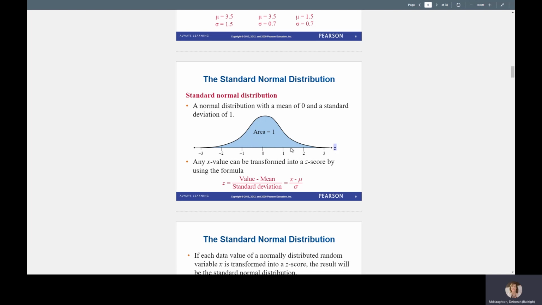If our X value was 1 standard deviation above the mean, the Z-score would be 1. So when we use the standard normal distribution, we also call it a Z distribution because any value from any regular normal distribution with mu and sigma can be transformed into a Z-score using X minus mu over sigma.